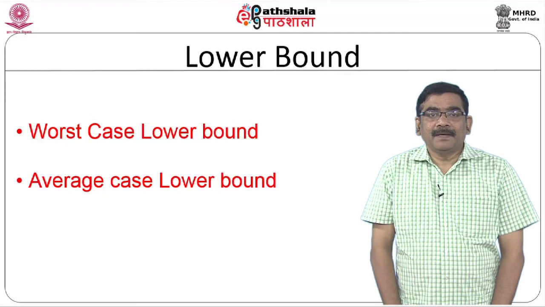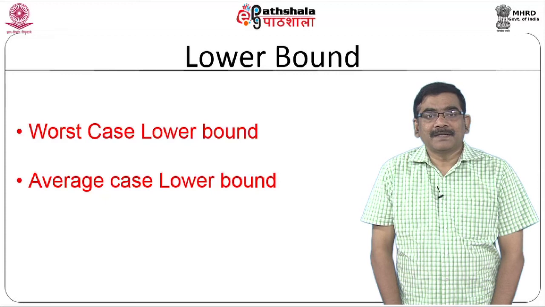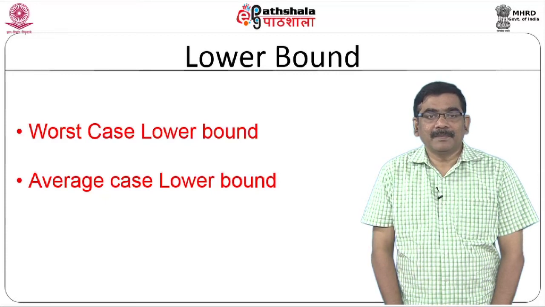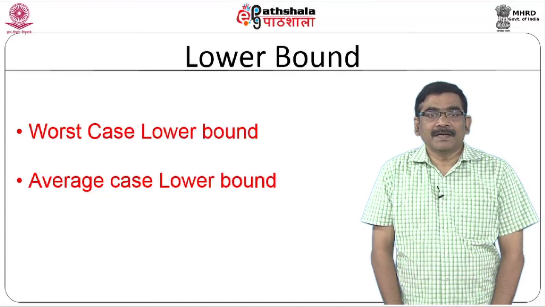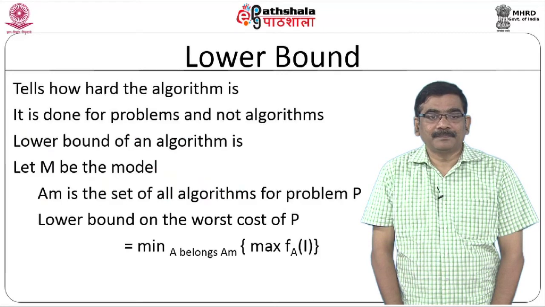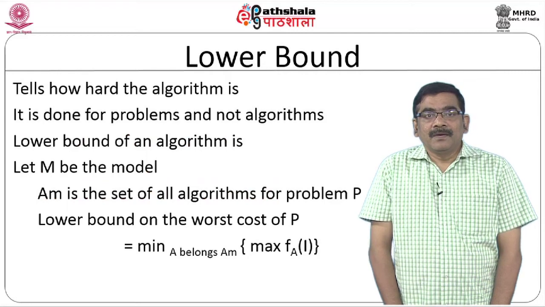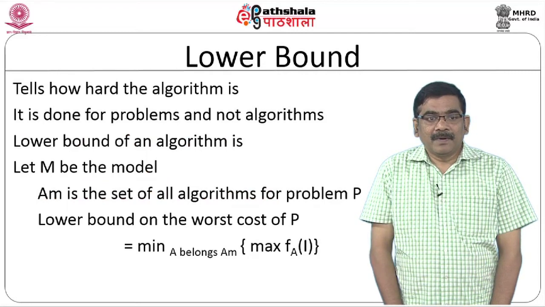Lower bound can be done for both the worst case as well as the average case. In other words, the lower bound can be of two types. One is called the worst case lower bound and another is called the average case lower bound. What does lower bound indicate?